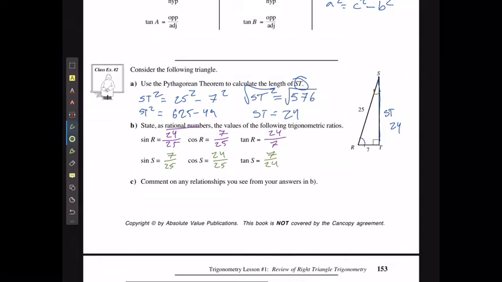So you can see that if I'm looking at the relationships, sine R is equal to cos S, sine S is equal to cos R, and tan R and tan S are reciprocals.